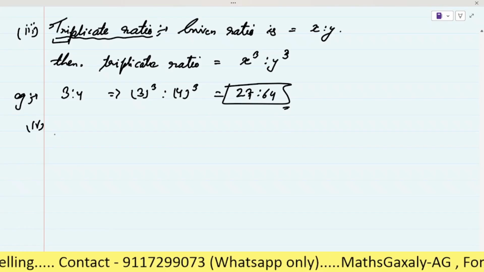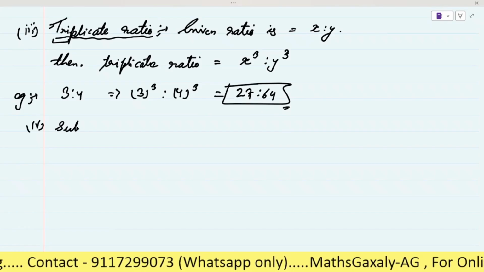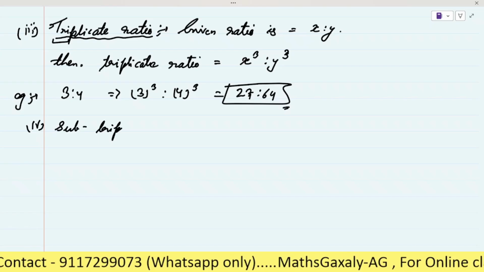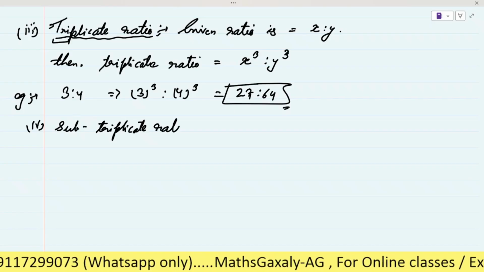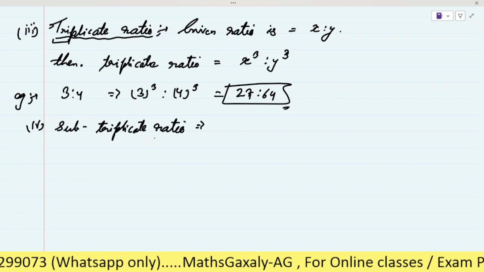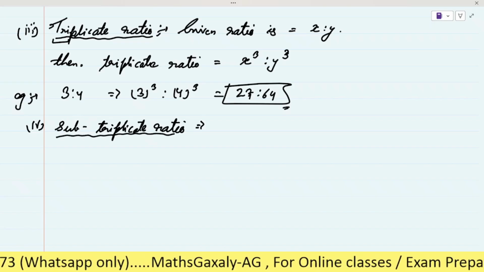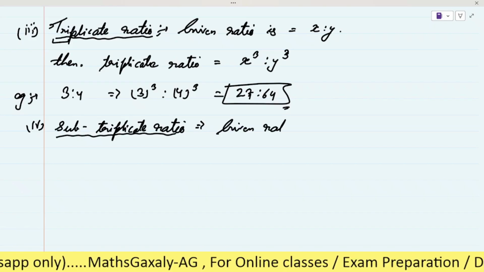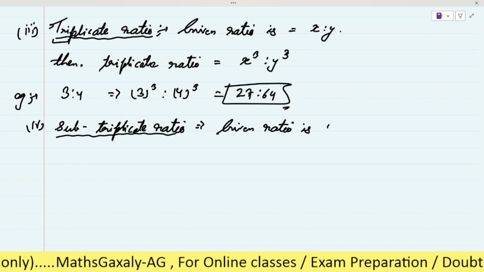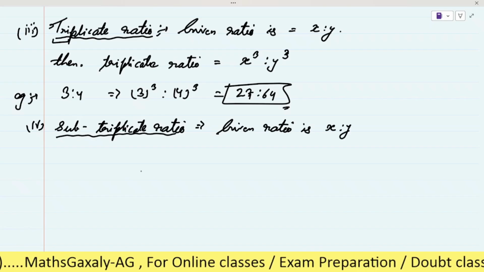Now the fourth point is subtriplicate ratio. Suppose the given ratio is x is to y.